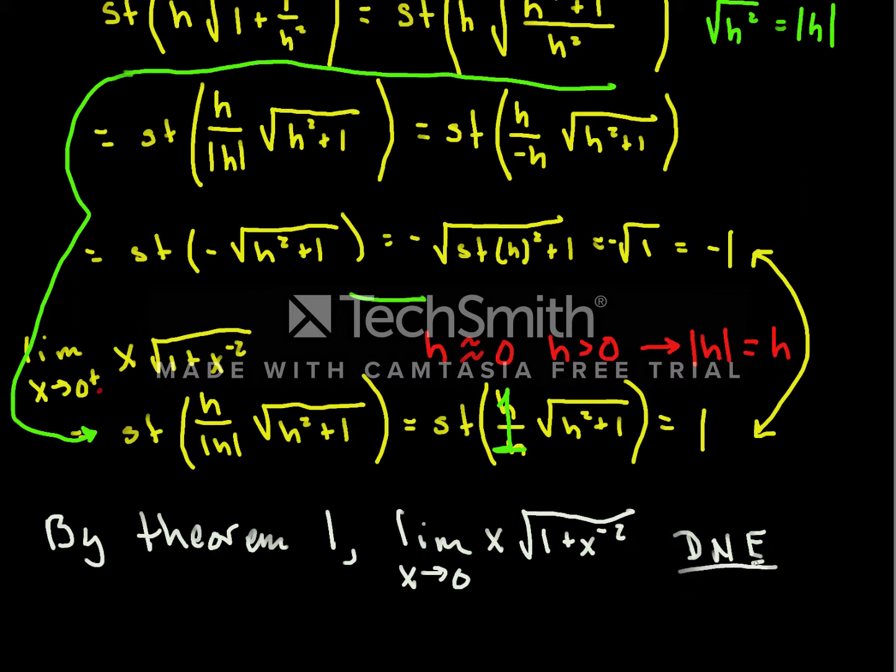It doesn't exist because the left-hand limit is negative 1 and the right-hand limit is positive 1.